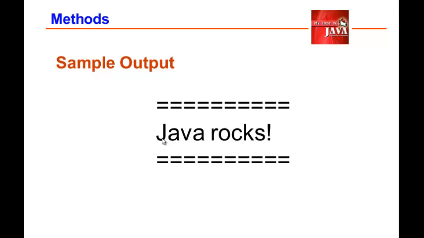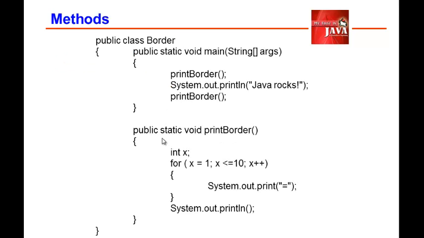Let us see the following program. As Java interprets the program border, starting from main, the program calls the first method, printBorder, and prints 10 equal sign symbols horizontally.